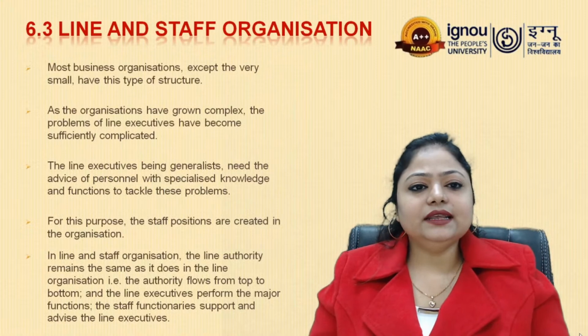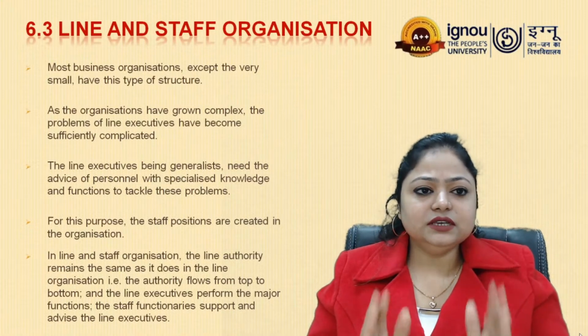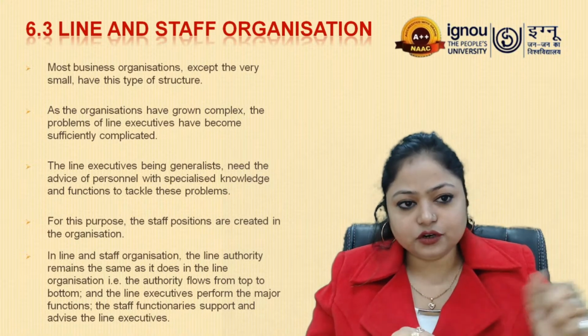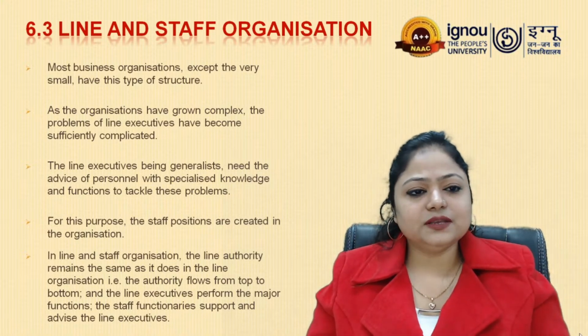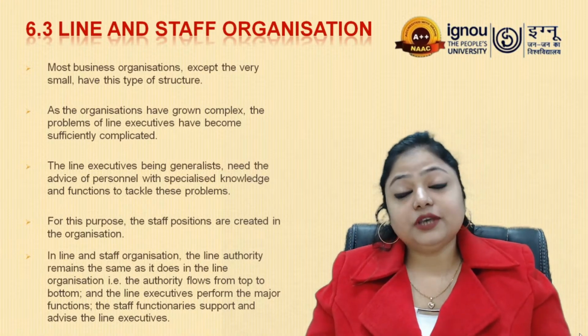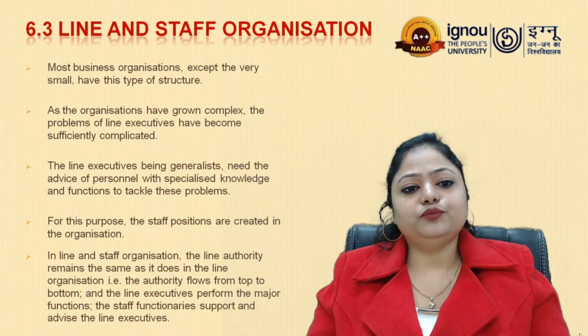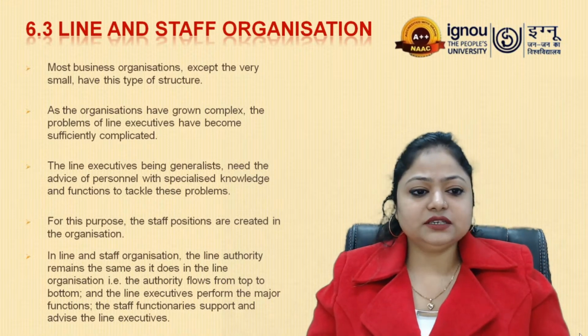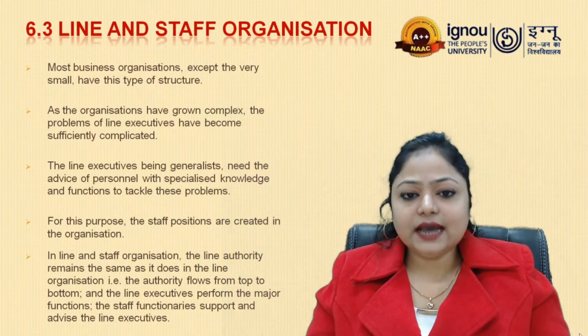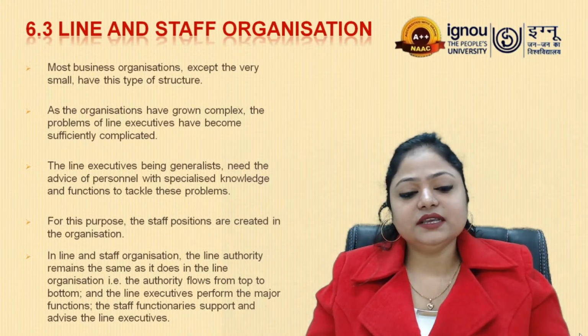Now when we see the line and staff structure, this type of structure is designed to overcome the limitations of a simple line structure in the organization. The line executives, being generalists, need the advice of personnel with specialized knowledge and function to tackle these issues. For this purpose, staff positions are created in the organization.